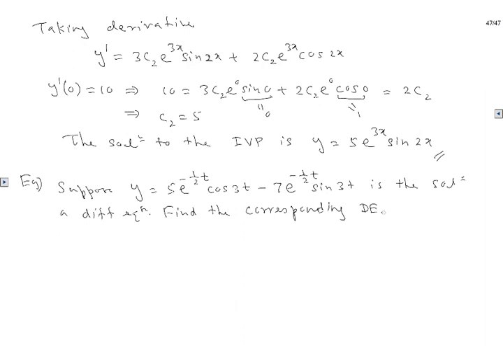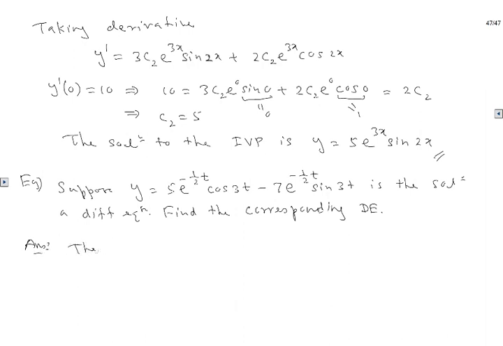How do you do this kind of problem? You can first see that this is one of the family of the third case. So you can see what the alpha value and the beta value are. The alpha is negative 1/2, beta is 3.